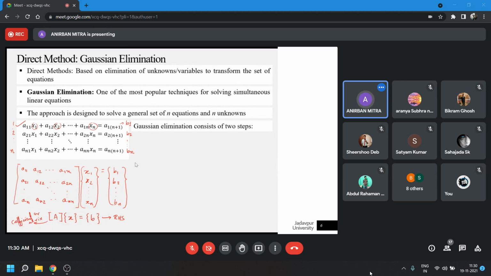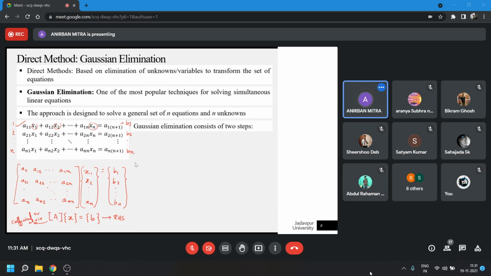Why is this important? This is important because, while implementing the computer program, you would want to take the input as an array. That would be helpful in doing this program in an efficient manner. So that's why try to keep this matrix representation of the system of equations.